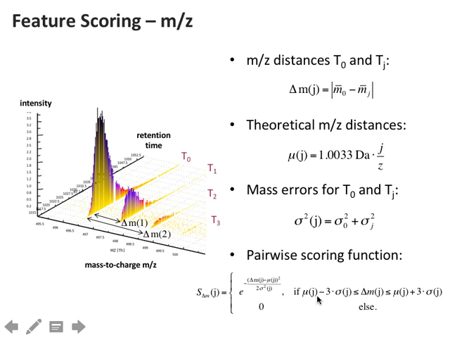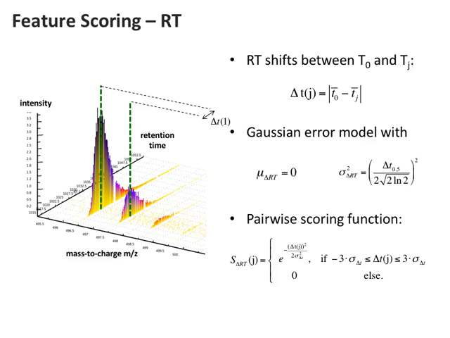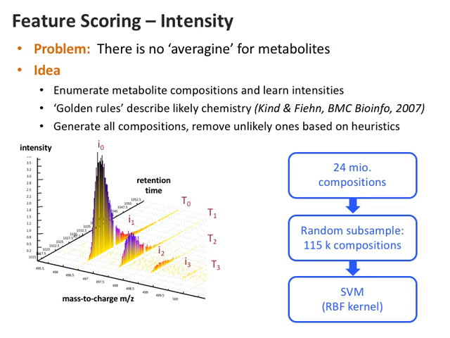That's where they come in handy, because if the mass difference is a lot bigger than what you would expect plus the estimated errors, then it's probably off. The second component is the retention time shift. So we determine where the max of these elution profiles is. We have a Gaussian error model, and again, if they're shifted by too much, we would consider them not correlating really well. And the third component is probably the most interesting one, that's intensity.